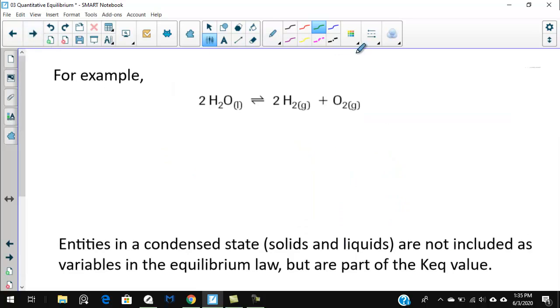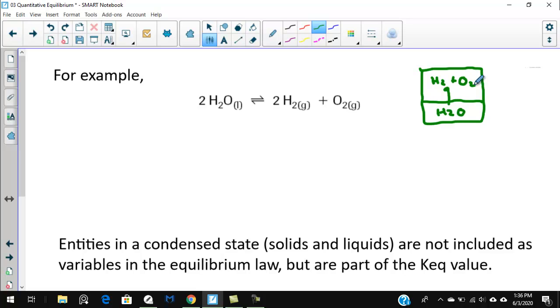Okay, so let's take a look at an example here with a real equation. This would be an equation where we might see the decomposition of water. If we have water sitting in a sealed system, a box, with water in the bottom of that box, some of that water will decompose and turn into hydrogen and oxygen.